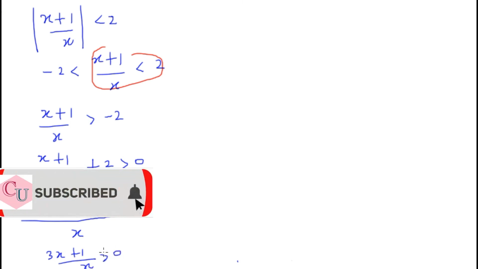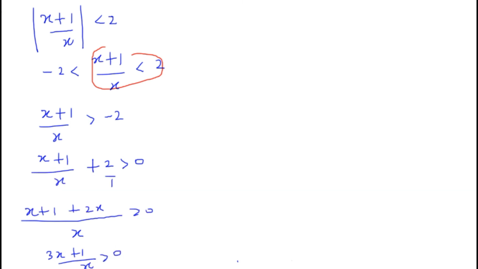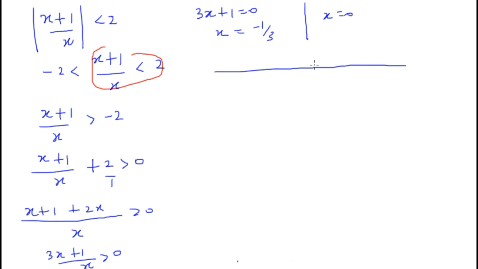which is greater than 0. So I have two factors, so I need to equate the factors to 0. If I equate 3x plus 1 to 0, I'll have x equal to -1 upon 3. If I equate x to 0, then I'll still have 0. So I have two endpoints now. I have the point where x is 0, and I have the point where x is equal to -1 over 3.